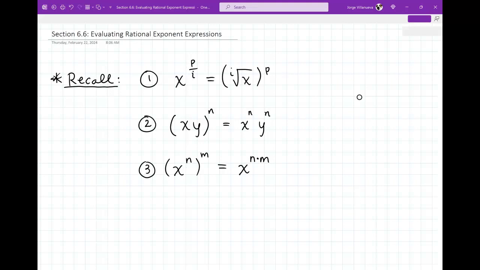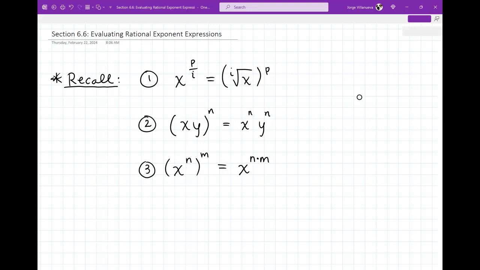And then the third one is what happens when you take a power and you raise it to a power. Well, a power raised to a power is a product. Okay, so I always think of it as PPP. Power to a power is a product. So you multiply them. So n times m occurs because I took the power of n and I raised it to the power of m.